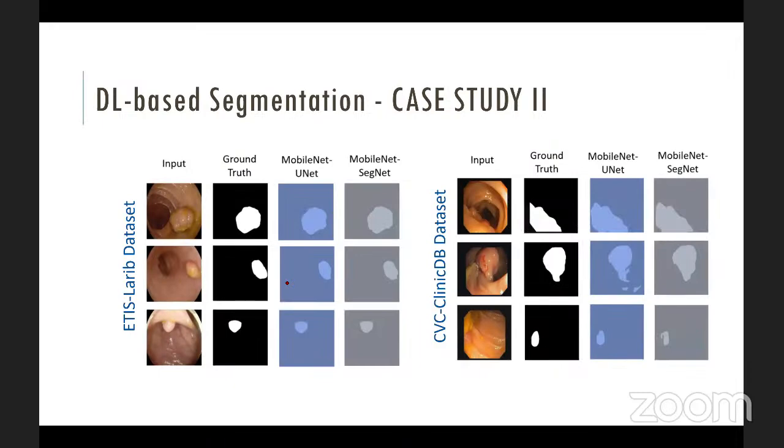These are the qualitative results: the ground truth, then MobileNet, UNet with MobileNet, and SegNet with MobileNet, giving you these results. This is what we mean by segmentation results.